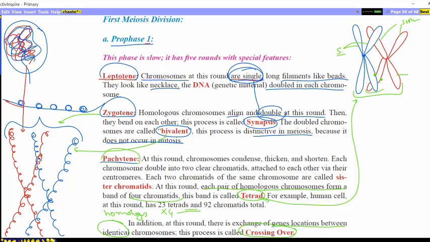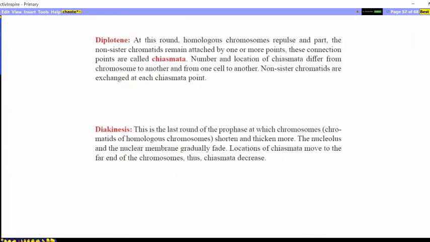So the question asks, why are different, non-identical cells formed by meiosis? One of these reasons is crossing over. In the diplotene stage, at this stage, the homologous chromosomes repulse and part.